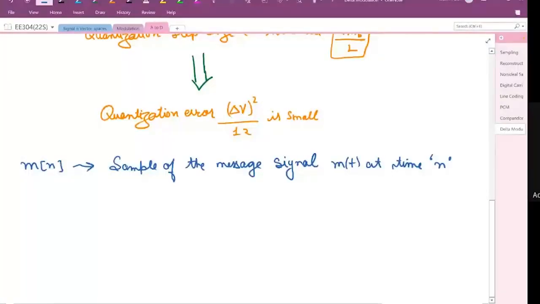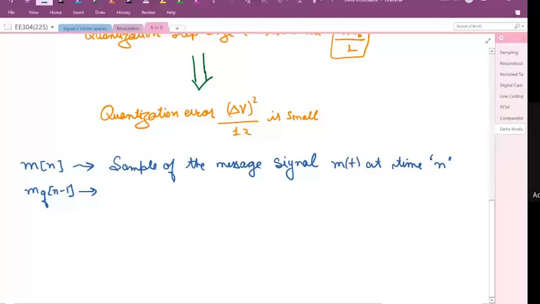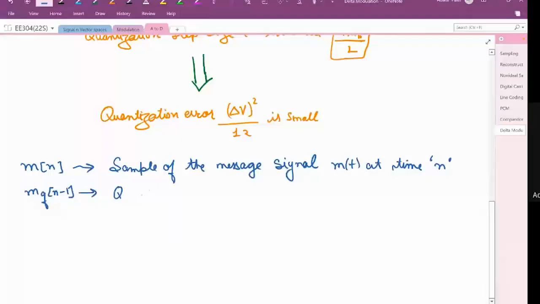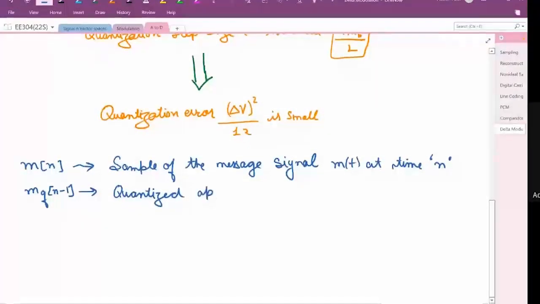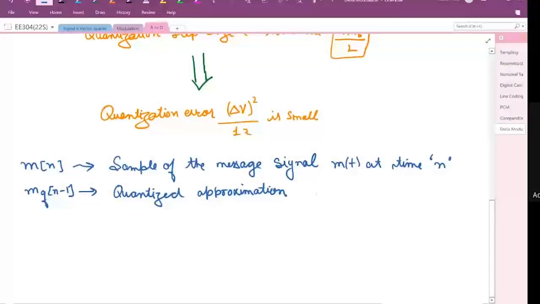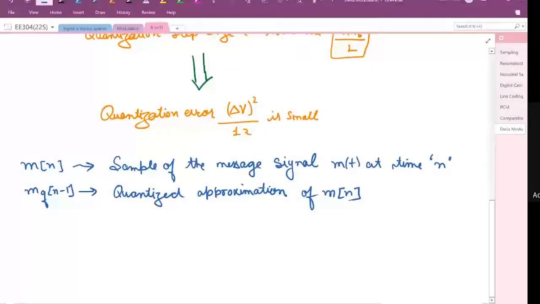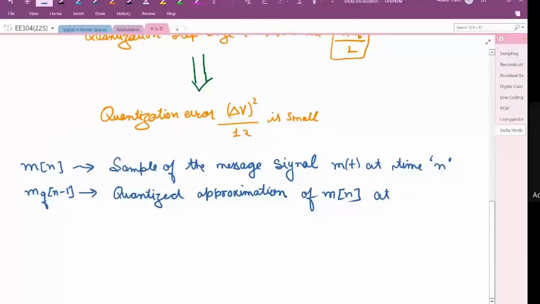Okay, and let us say mqn minus 1 be the quantized approximation of mn at time n.